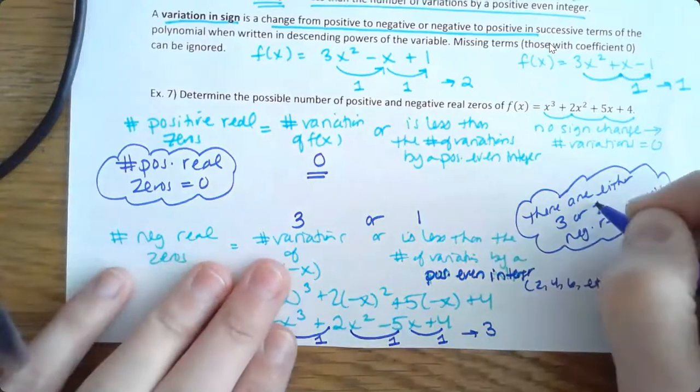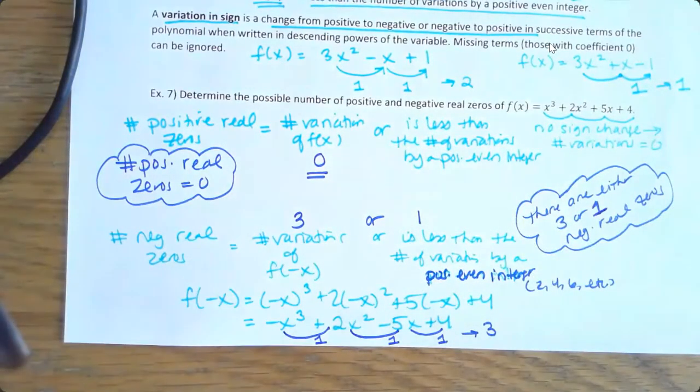Sorry, guys, let's just say 1. So there are either 3 or 1 negative real zeros here.